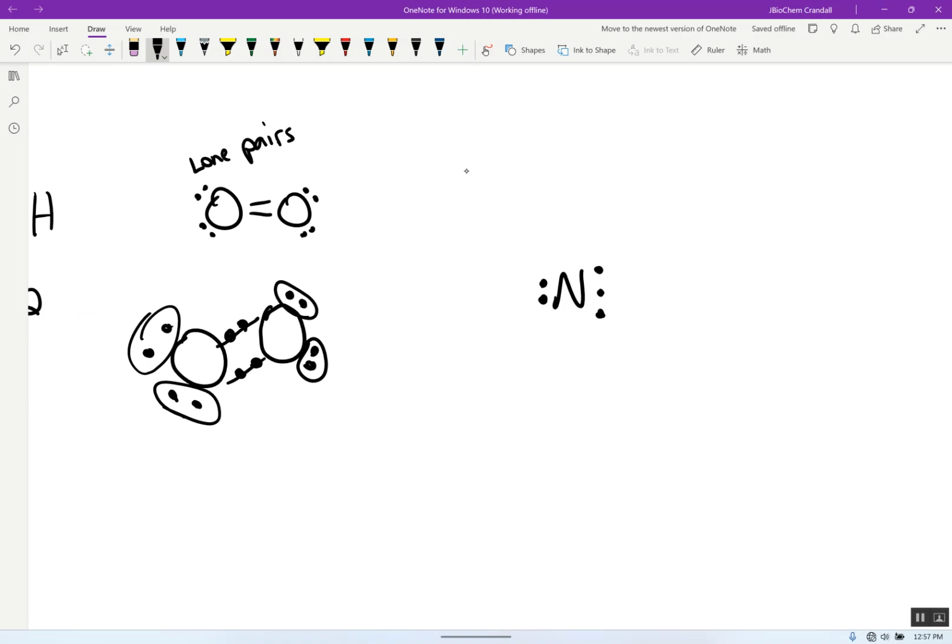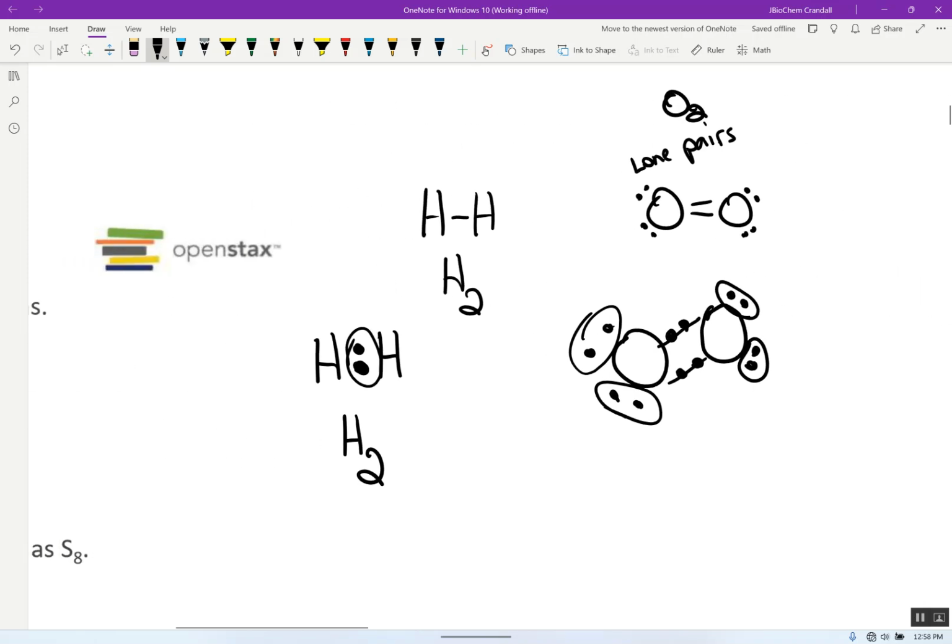So if we get another nitrogen with 1, 2, 3 unpaired electrons, you will create a what? A triple bond. Now we have a triple bond. So nitrogen with its triple bond, that's how nitrogen exists, as diatomic N2, or diatomic O2, or diatomic H2.